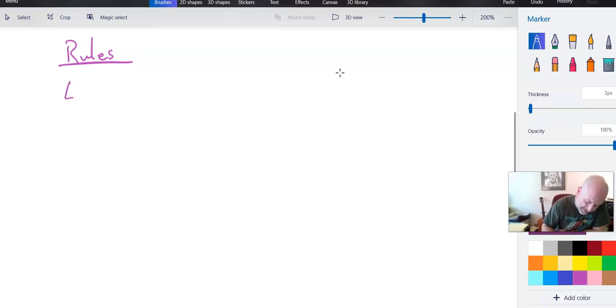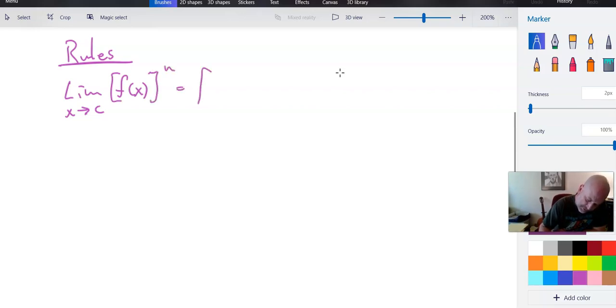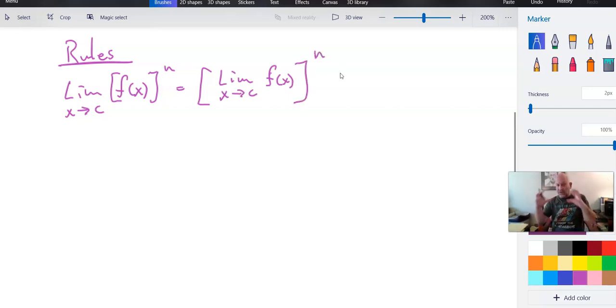And it turns out that the limit as x approaches c of f of x raised to some power is equal to the limit as x approaches c of f of x, raised to that power. Right? You can take the limit and then raise it to that power. So you can do the inside of an exponential expression first.